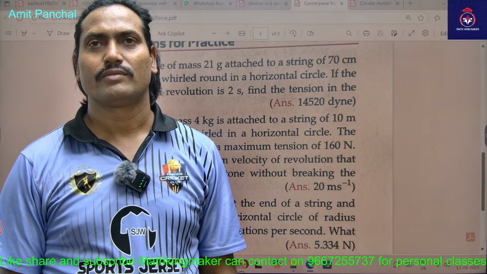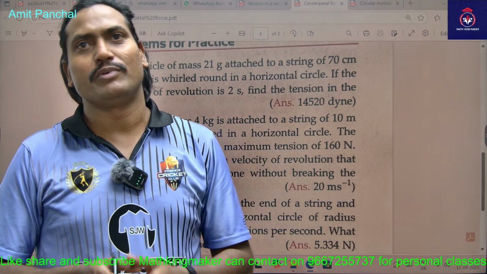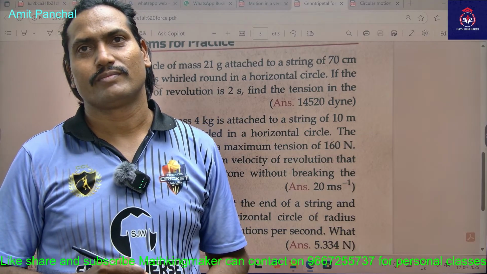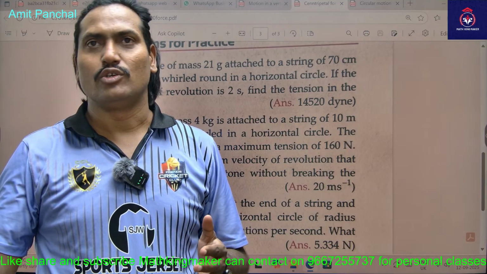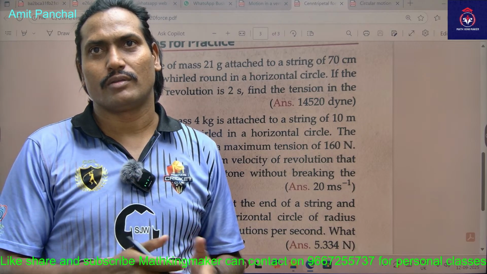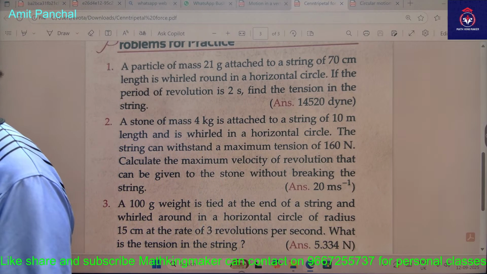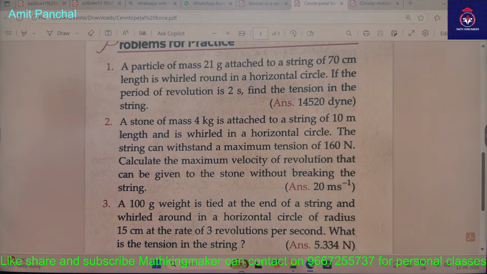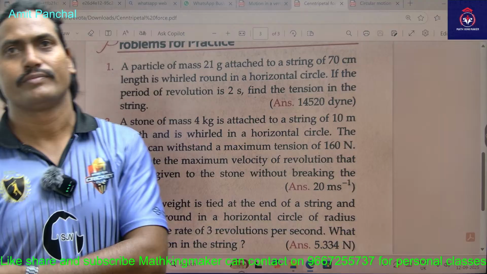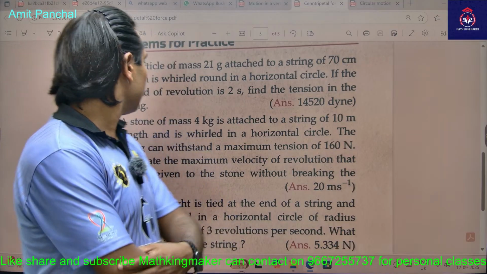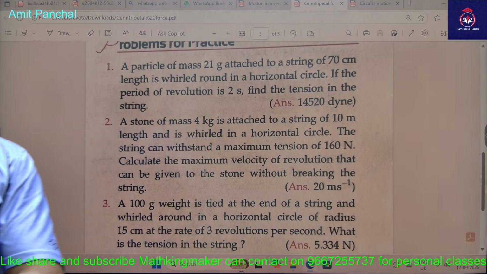Understood, but why are these two equal? If they are not equal, then what will happen? If centripetal force is more, the body will break and move towards the center. If tension is more, it will move outward. So these two are always equal if the object isn't moving outwards or inwards.